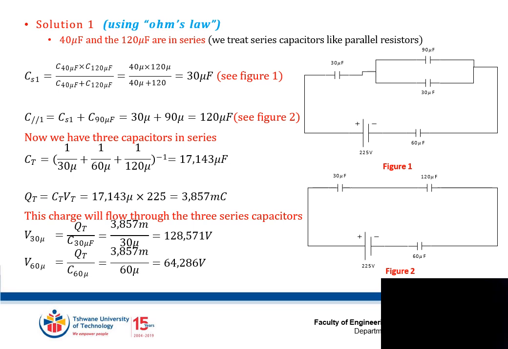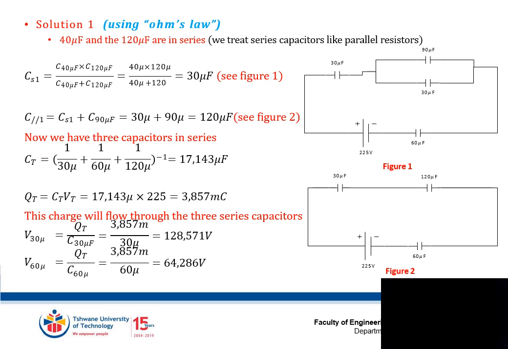To get the total, CT will be equals to 1 over 30 plus 1 over 60, 1 over 120. This gives us 17.143 microfarad. That's the total. Then to get the total charge, remember in resistors we calculated the total current.